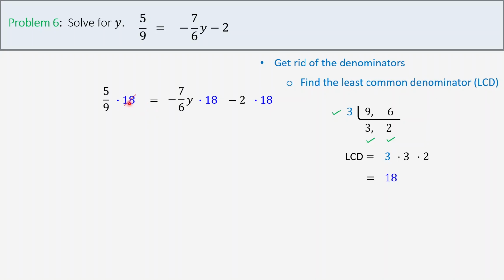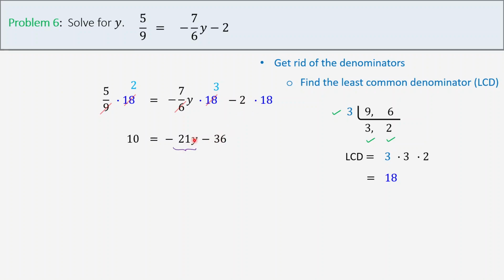Now divide. 18 divided by 9 is 2. 18 divided by 6 is 3. 5 times 2 is 10, is equal to minus 7y times 3, which is 21y, minus 2 times 18, which is 36.